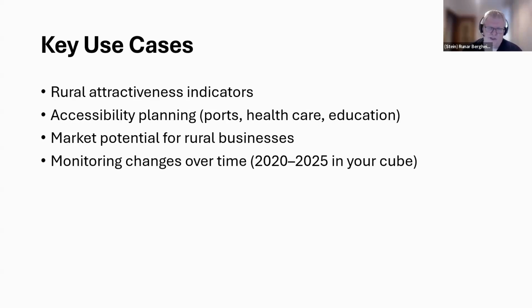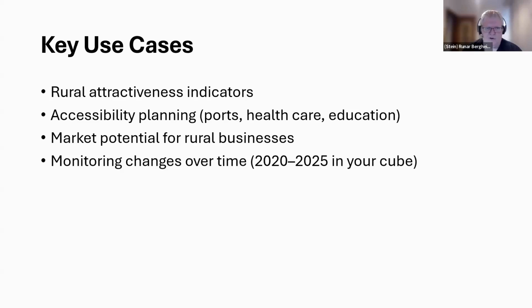So we are using it in Polar Plus for rural attractiveness indicators to identify areas that are useful or attractive for specific purposes, for innovation, for small scale agricultural business development, for energy production, for this, that, and the other.